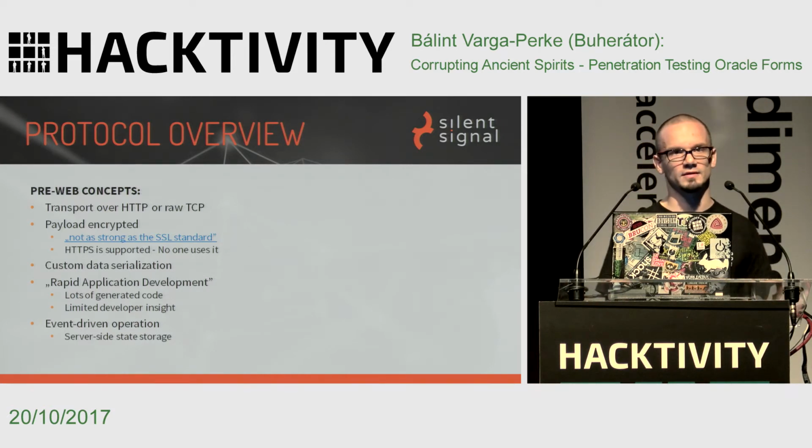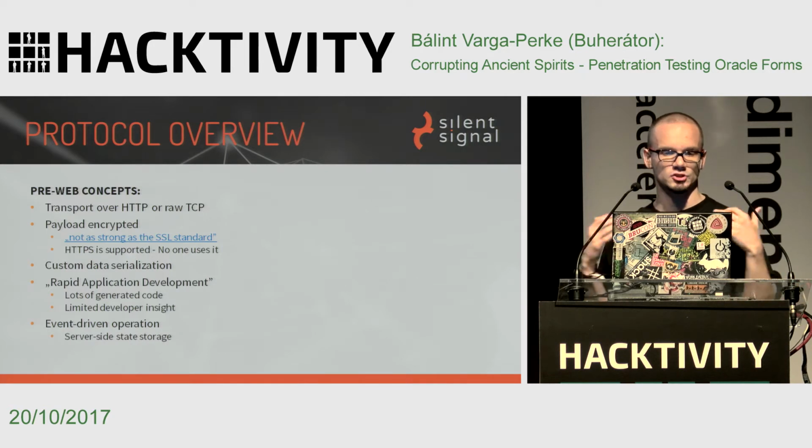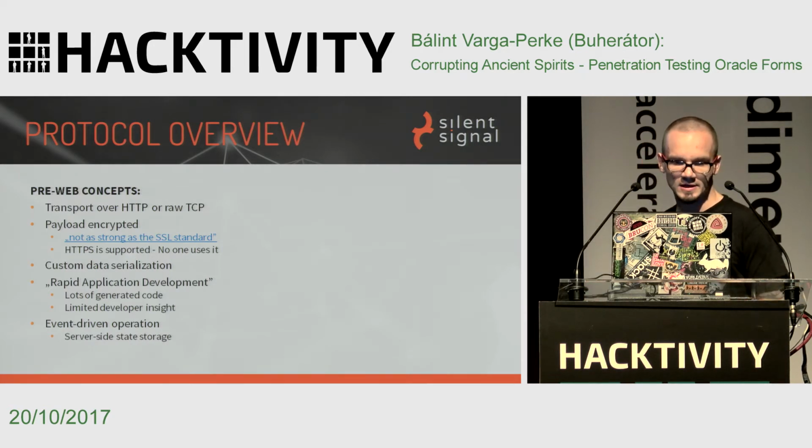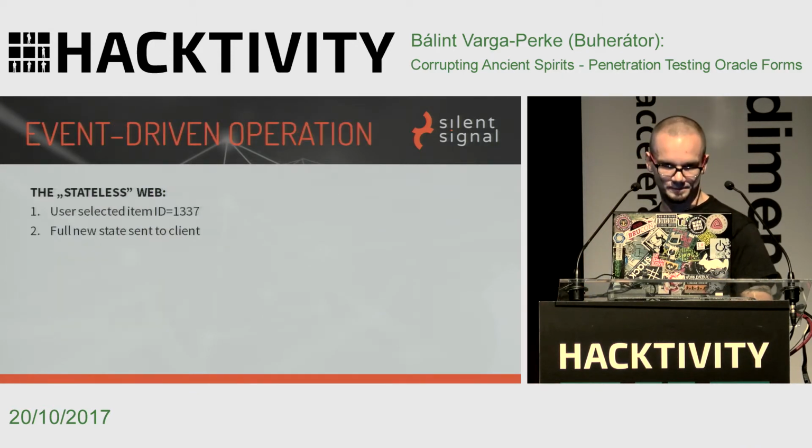HTTPS is supported, but it's a pain to configure, so no one uses it. Inside the encryption, as we will see, there is a custom data serialization format that we will discuss. And most importantly, the whole framework is an event-driven framework.